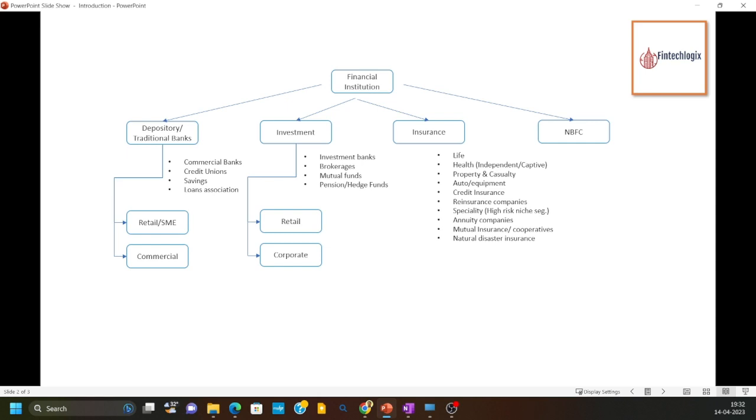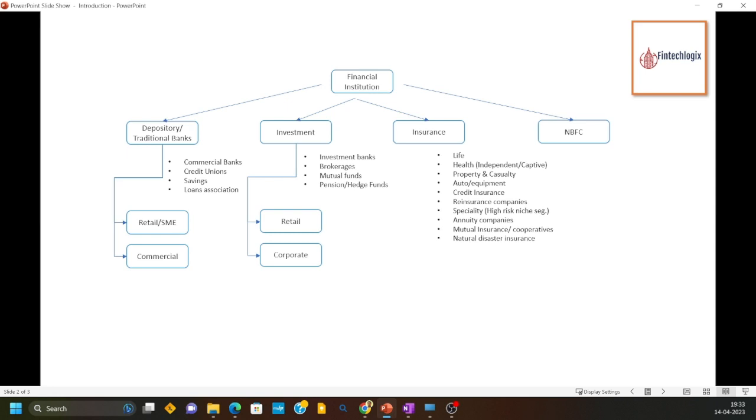The other companies categorized under insurance are annuity companies, right? They take funds from you, provide a certain insurance, and at the end of that term, pay customers as pensions. So annuity companies also come under this. Now, mutual insurance or cooperatives, which actually belong to the policy holders.